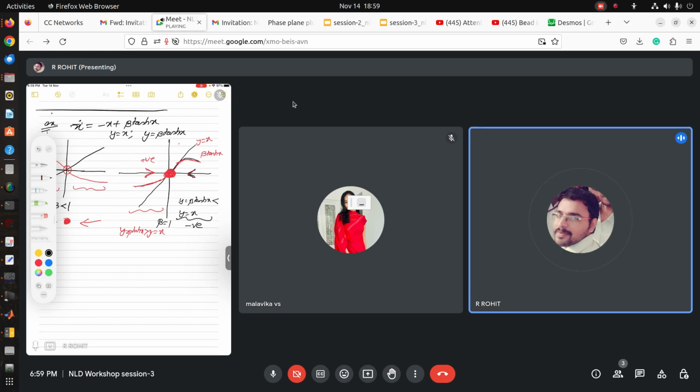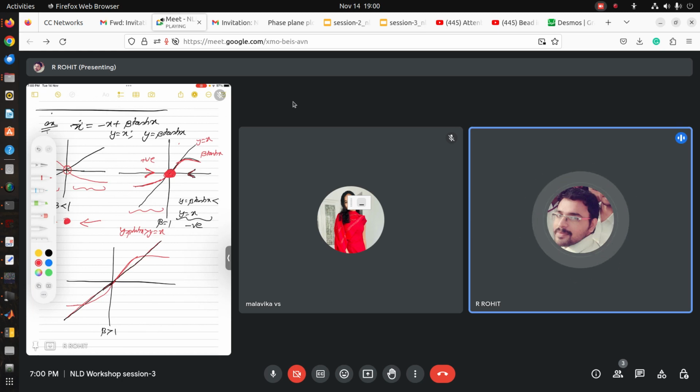So now the final case where you have beta greater than 1, you observe that the y equal to x line is there, passing through 0, and you had a curve like this.